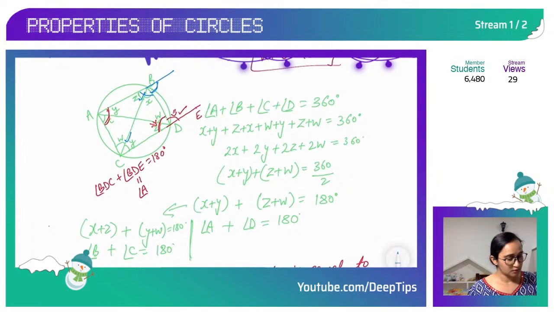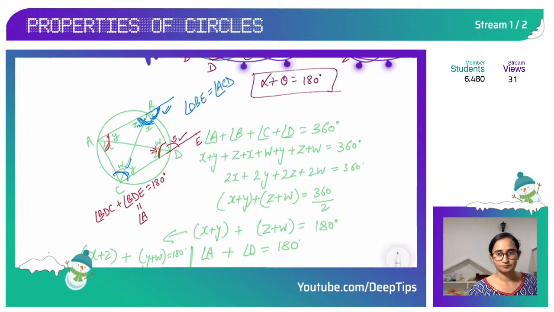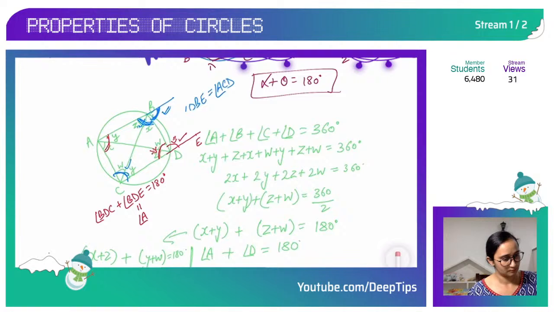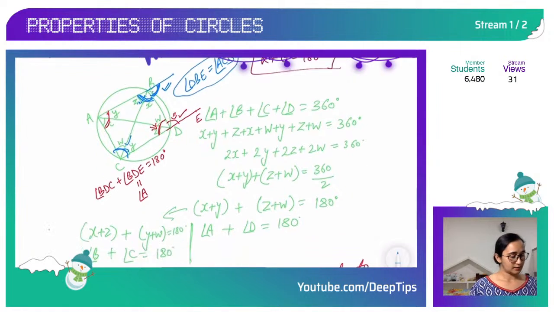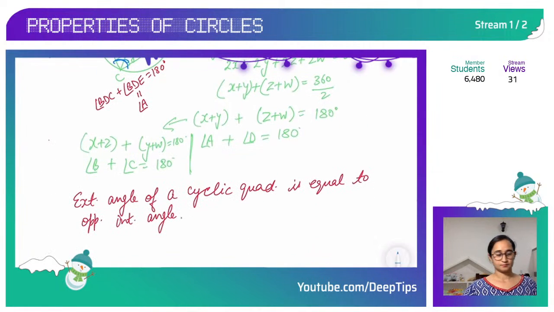So if these two angles are supplementary and these two are also supplementary, then angle DBE is equal to angle ACD. So this is the extension property, very important. The exterior angle of a cyclic quadrilateral is equal to the opposite interior angle. I hope you all are clear with this.